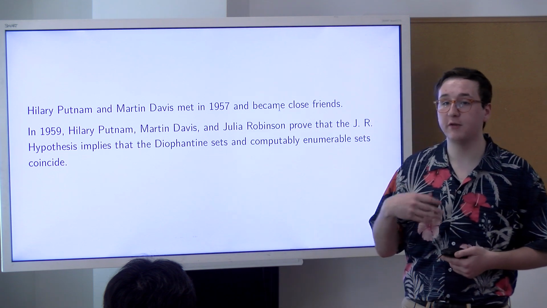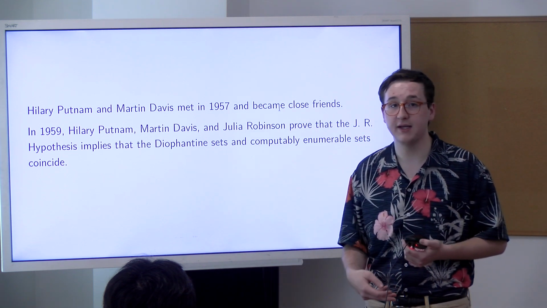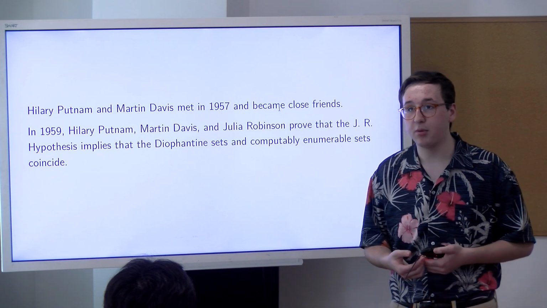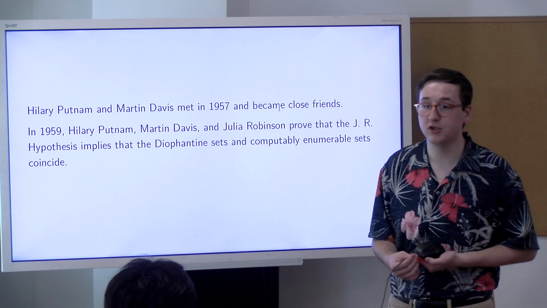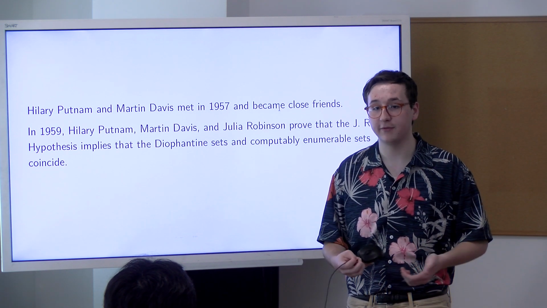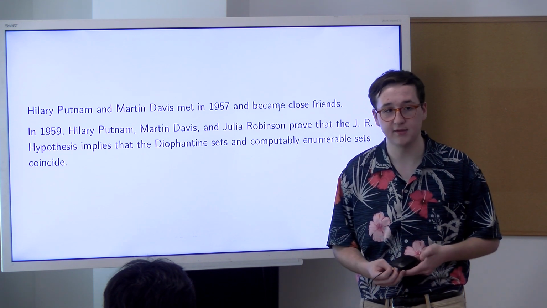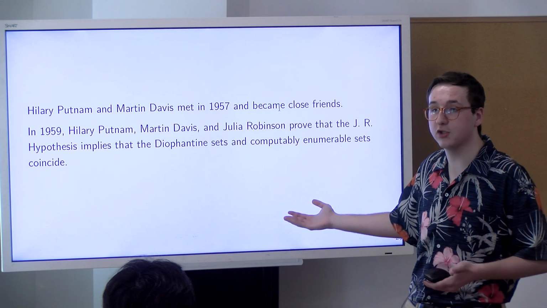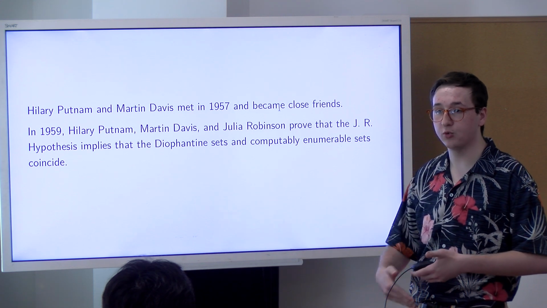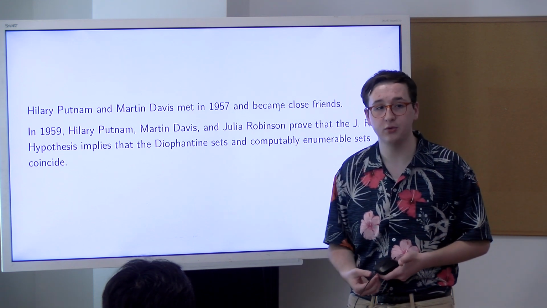If the notions of computably enumerable sets and Diophantine sets coincide, that would imply that there exists no algorithm which can determine whether an arbitrary set is Diophantine, and therefore whether an arbitrary Diophantine polynomial has a solution. But they still hadn't shown this. It was reliant on a conjecture by Julia Robinson.